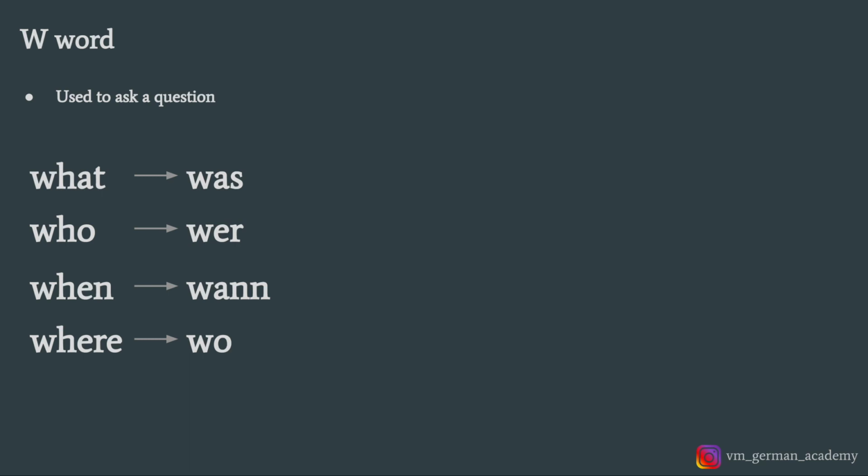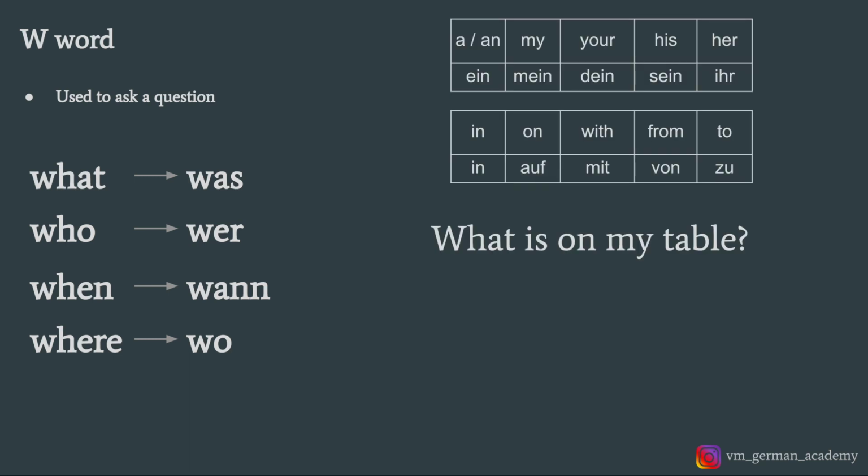As a recap, we would see how some questions are formed in German with these W words. Note, we have not learned the sentence structure in German yet. These are just some examples to understand the words alone. If you want to say what is on my table, we already know what means was. Is is ist in German.